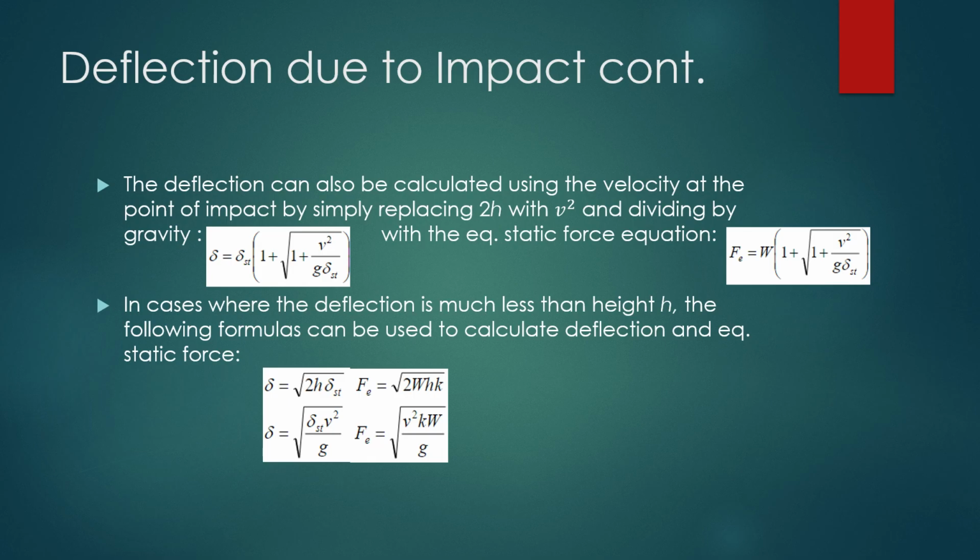So essentially, we're just replacing the 2h with v squared and dividing by g, and the formulas remain the same.